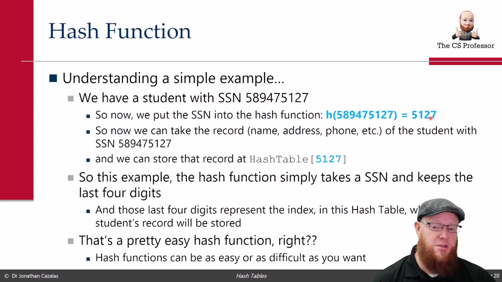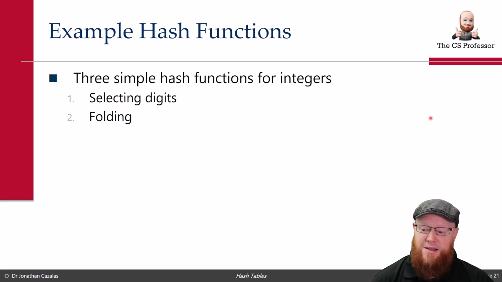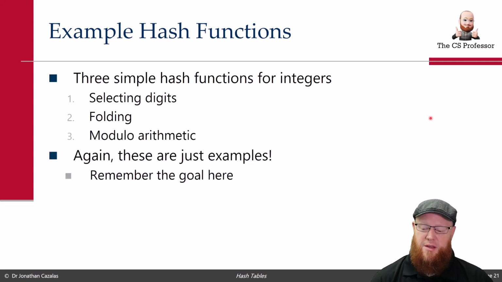So hash functions can really be as easy or as complicated as you want them to be. We're going to look at 3 basic types of hash functions: selecting digits, folding, and then using modular arithmetic. And these are just examples with the goal of what?